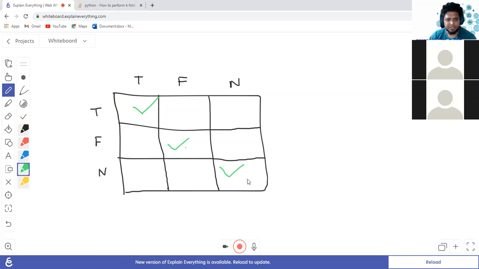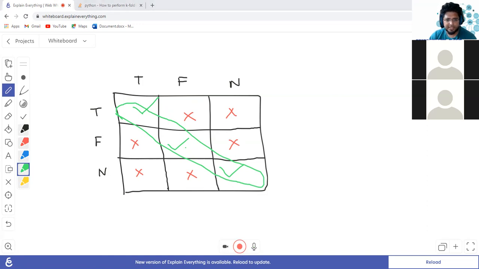And all the other boxes are bad results. So our goal should be to have higher values in this region and lower values in the other region. That is how we will choose the models.